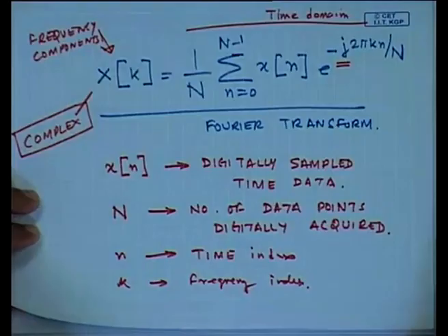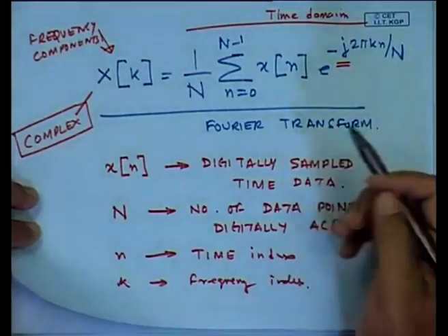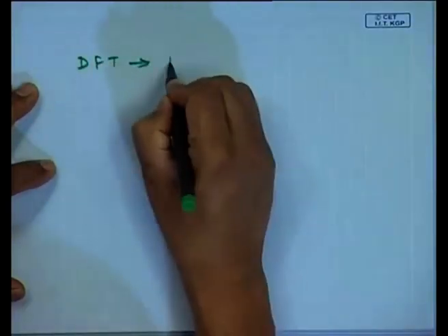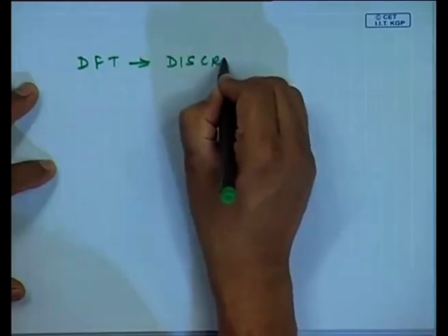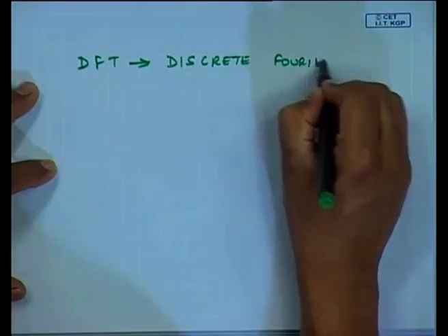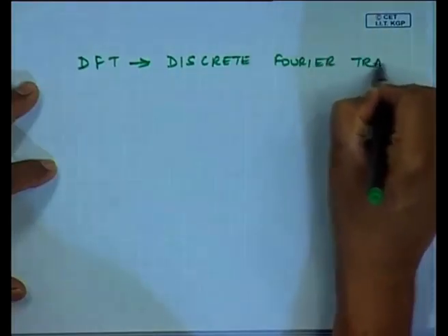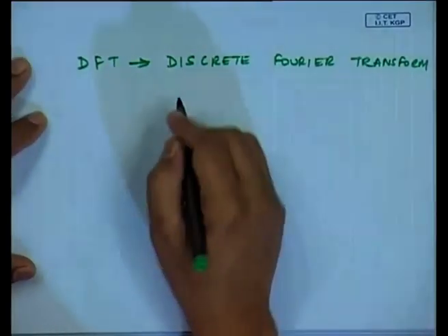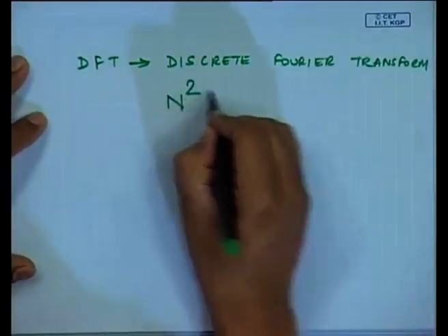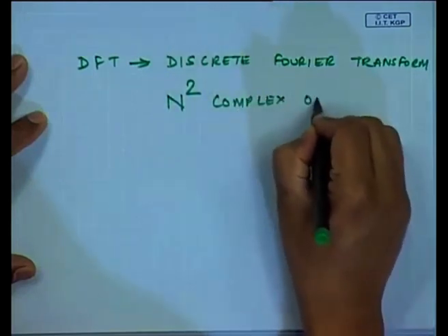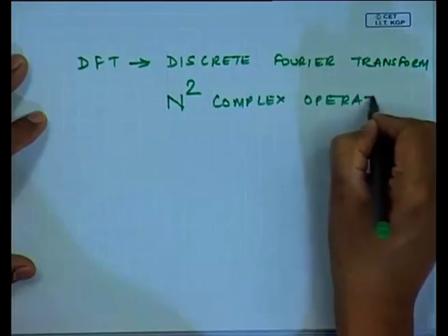So, actually if you look into the number of operations, in this DFT, discrete Fourier transform, there are N square complex operations.